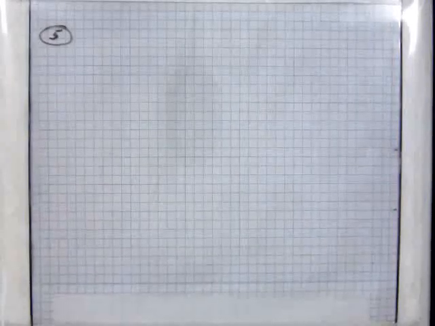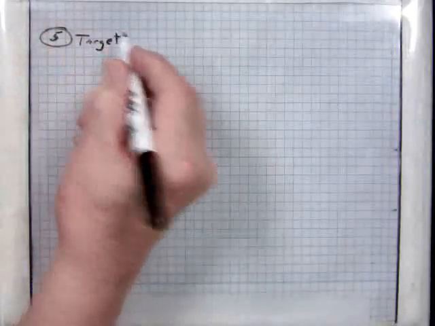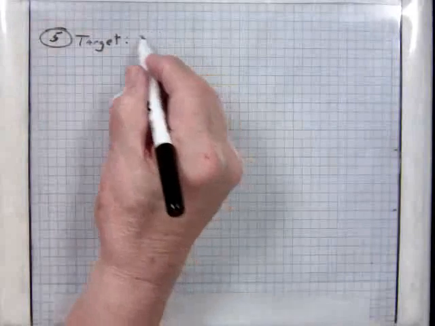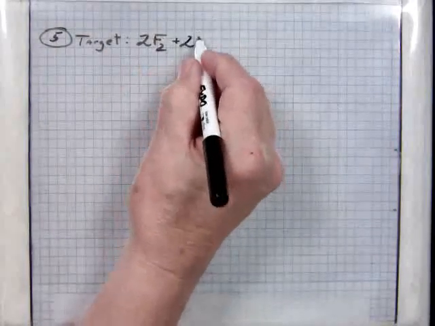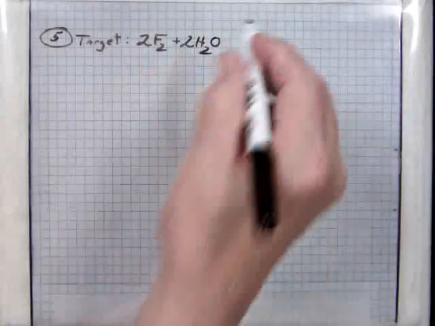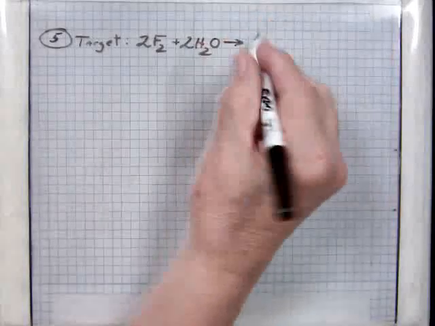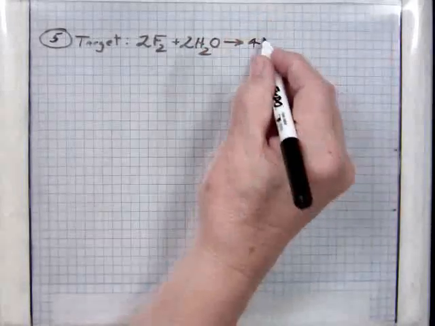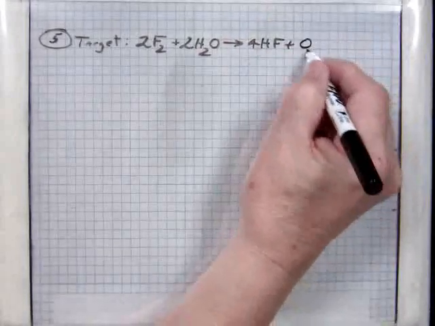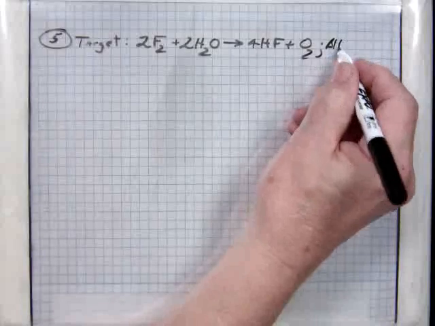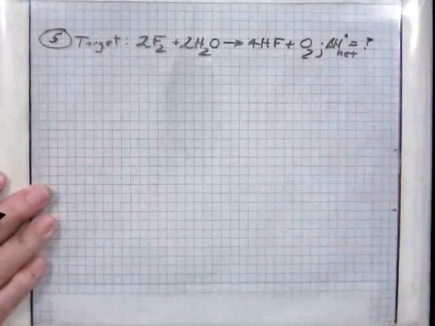Okay, so number 5, our target reaction is 2F2 plus 2H2O goes to 4HF. That is what our target reaction is.